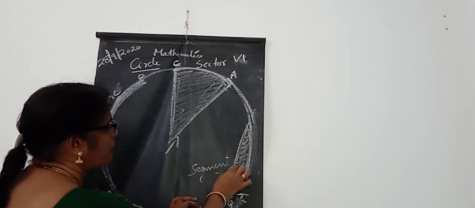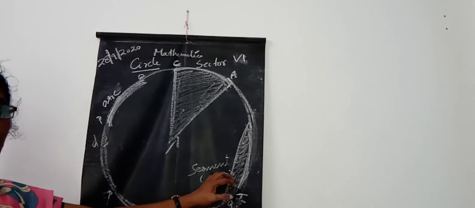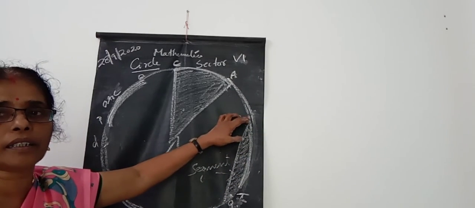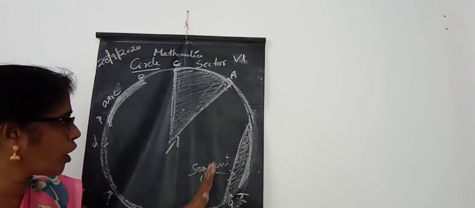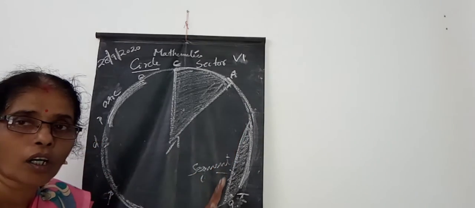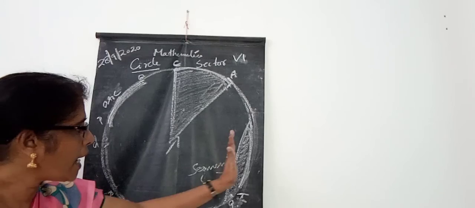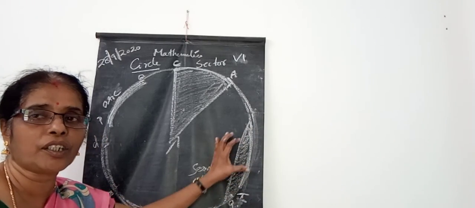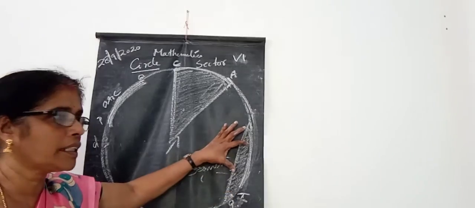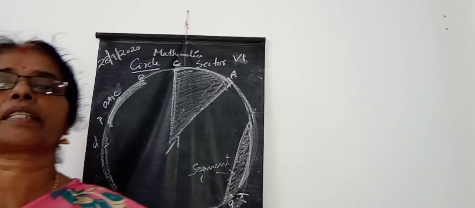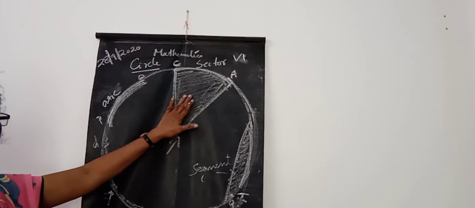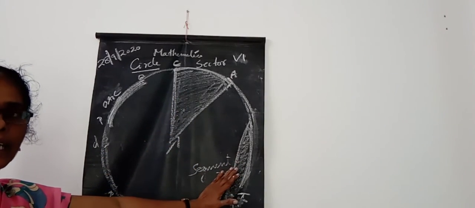This segment means one side is an arc, joined with a chord between 2 points, and the other side is a chord. That region in the interior, we can call a segment. So this one is the sector and this one is the segment.